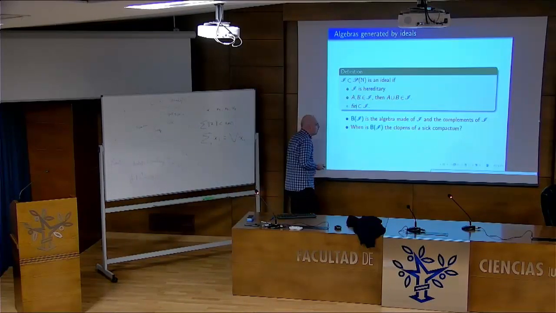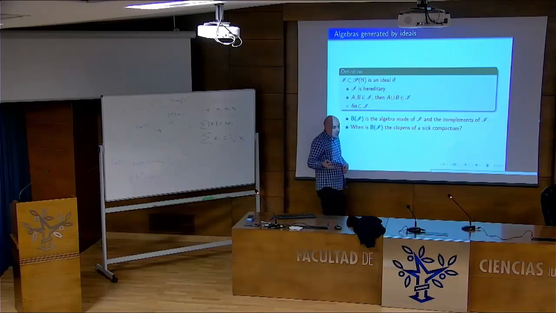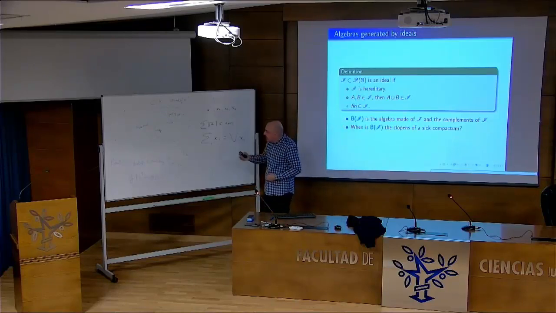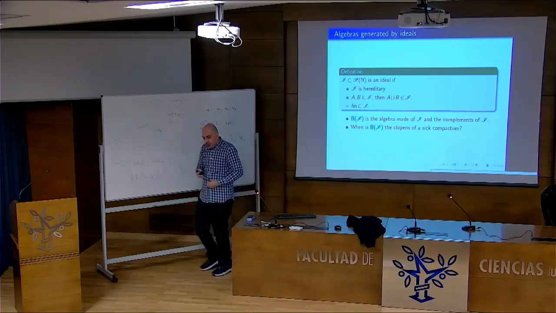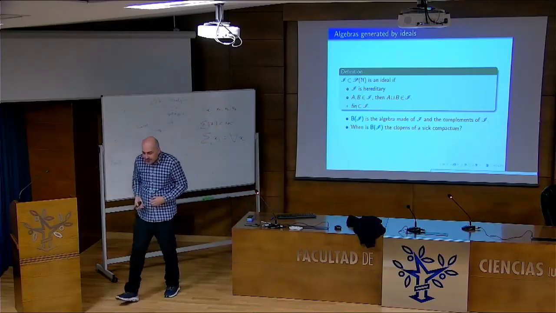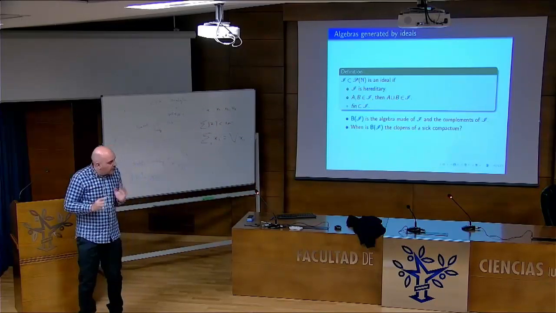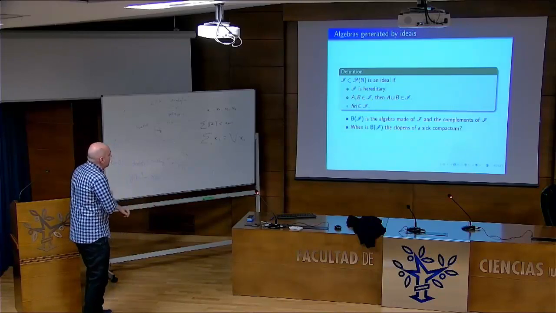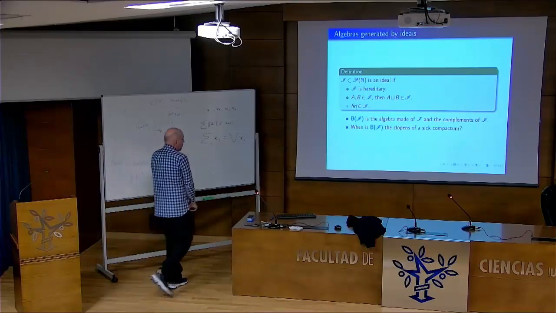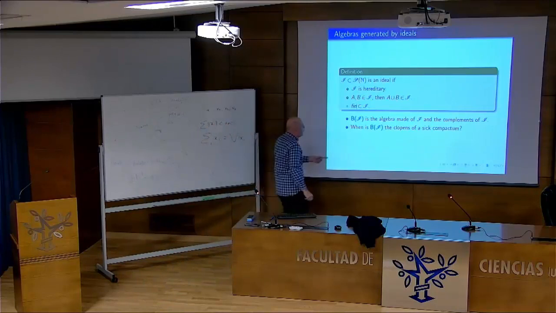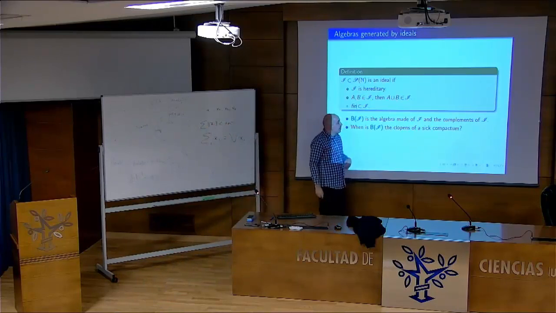So, as I said, because we want somehow to have a better understanding of this class, and we still don't have something very handleable, we focus on some classes, and then we wonder which Boolean algebras, or which algebras of sets of this form, are the algebras of the C compactum.